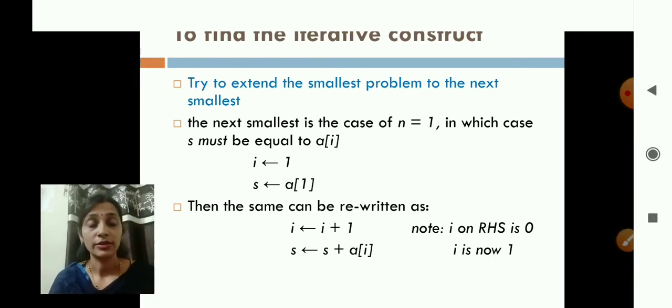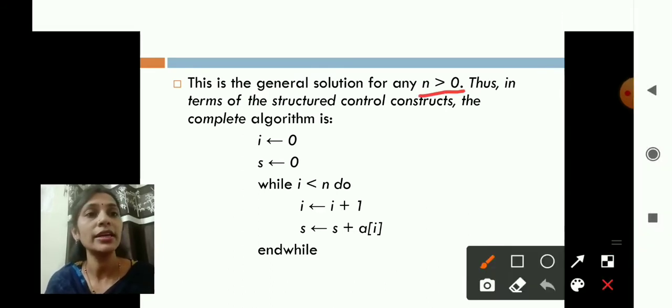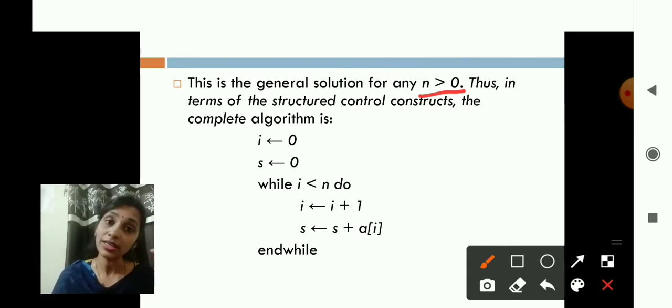Now by using these two, we have the program. Here we use the condition n greater than 0. That is what we check initially. If n is greater than 0, then and only then are we going to execute the program. That is the beginning of your iteration.